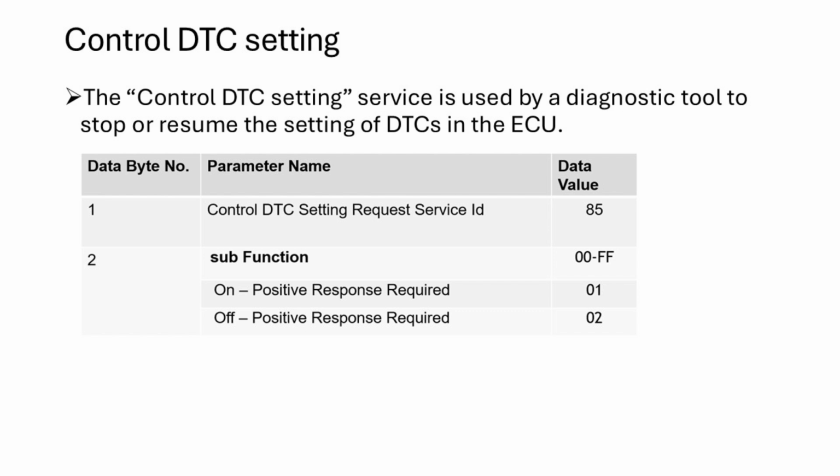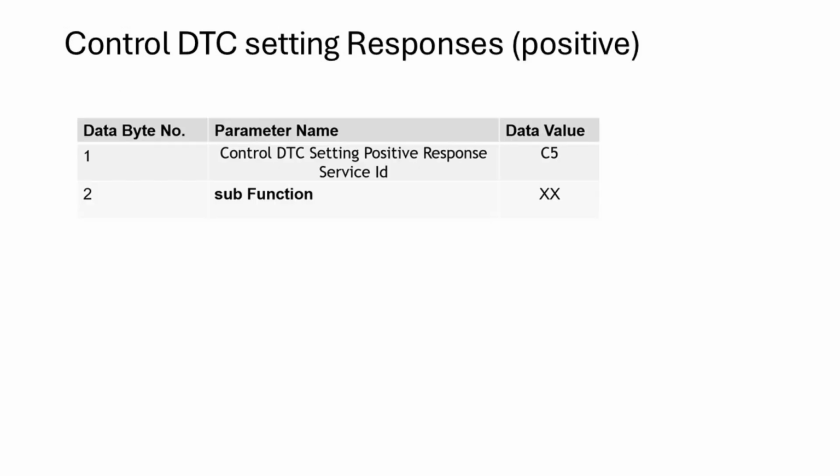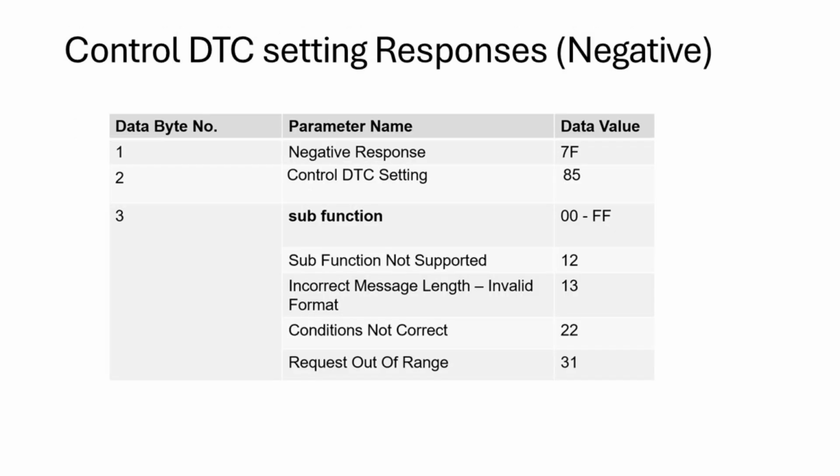Then this is the positive response, C5 and then the subfunction. This is the negative response, as we already discussed: subfunction not supported, incorrect message length or invalid format, condition not correct, request out of range. The same is applicable here as well.